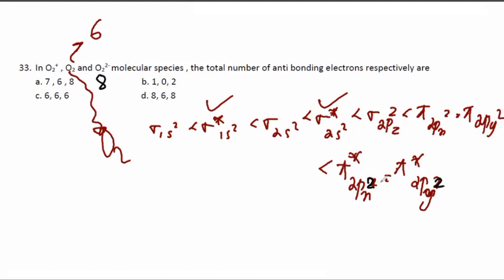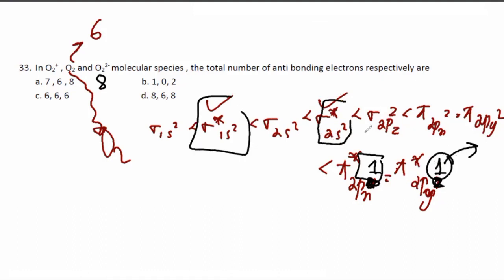If it is O2+, it means the electron is lost from the antibonding orbital, so the total antibonding electrons will be reduced to 5. There is no choice regarding 5.